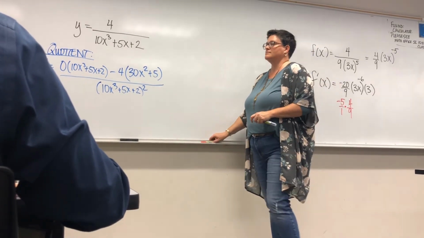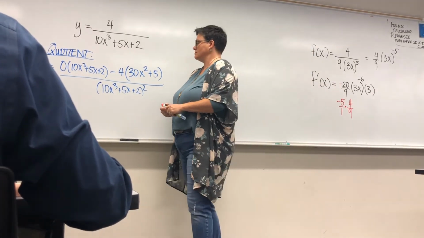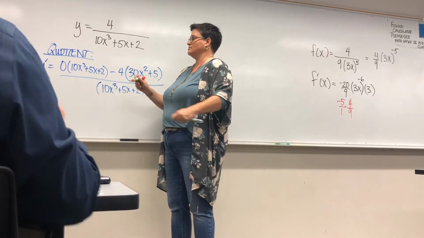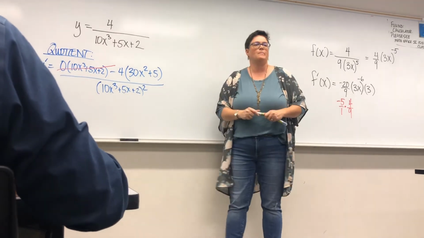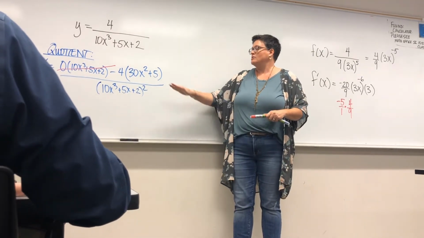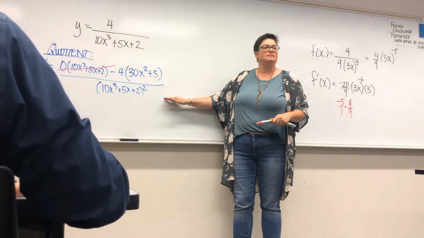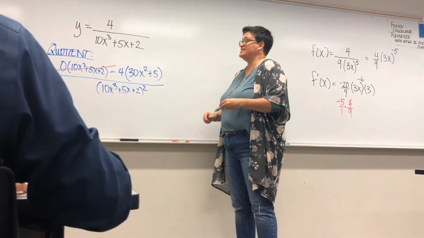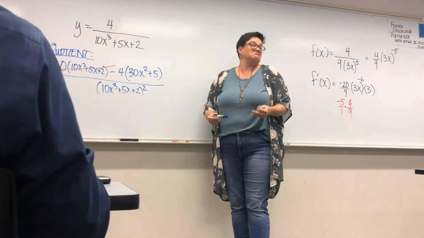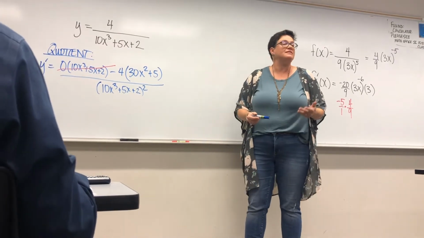Now, what cancels? That whole thing, because it's multiplied by 0. I want you to keep this in mind, because I'm going to do it using the power rule now. And you might find that it's easier. You might not, whatever floats your boat. Sometimes there's multiple methods that work.